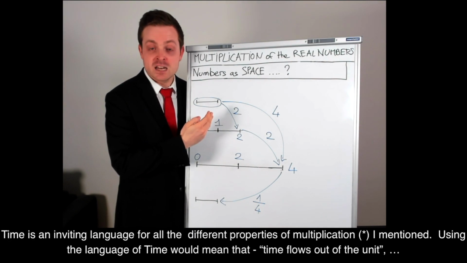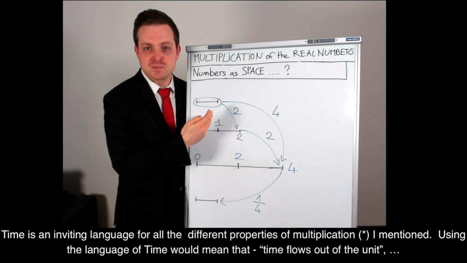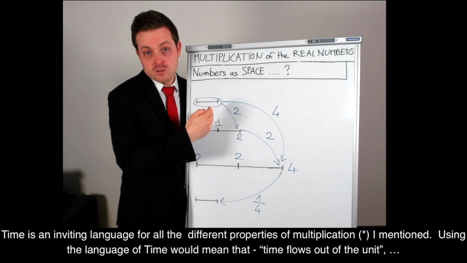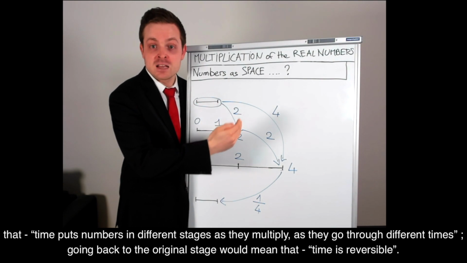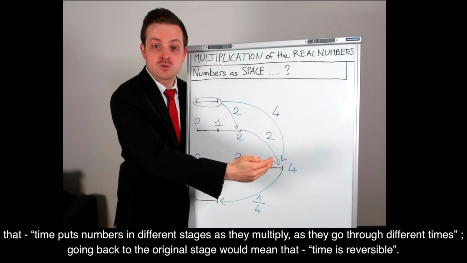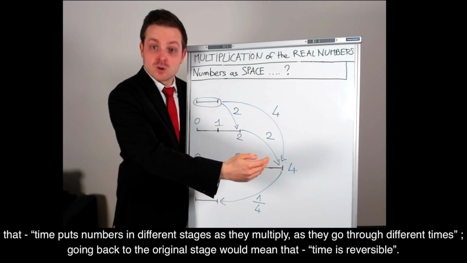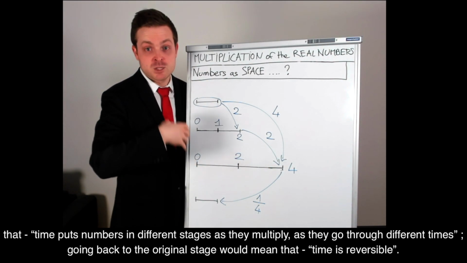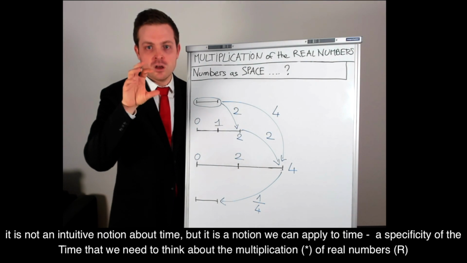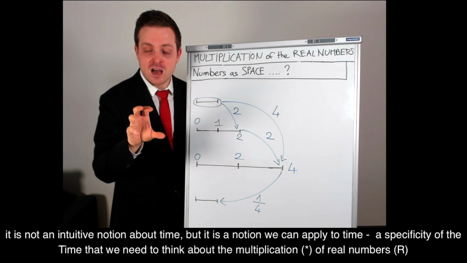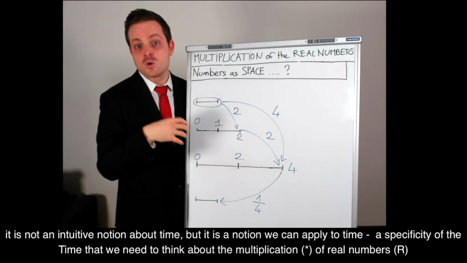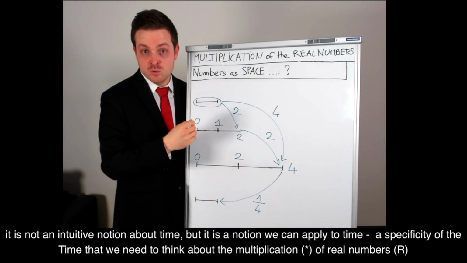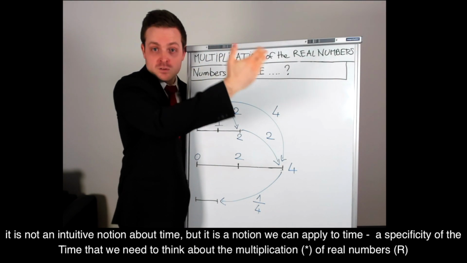Time is an inviting language for all the different properties of multiplication I mentioned. Using the language of time would mean that time flows out of the unit, that times put numbers in different stages as they multiply, so as they go through different times. Going back to the original stage would mean that time is reversible, so it's not an intuitive notion about time, but it is a notion that we can apply to time, and you can say it's a specificity of the time that we need to think about the multiplication of the real numbers.